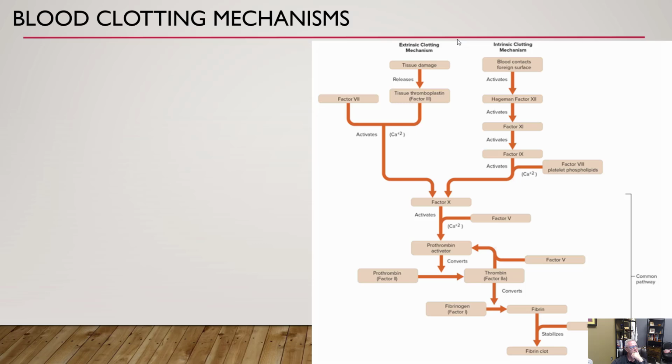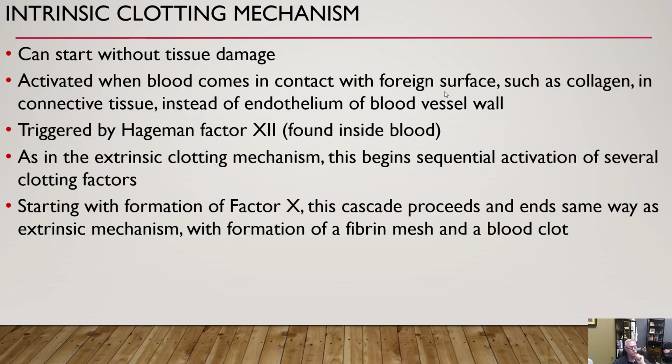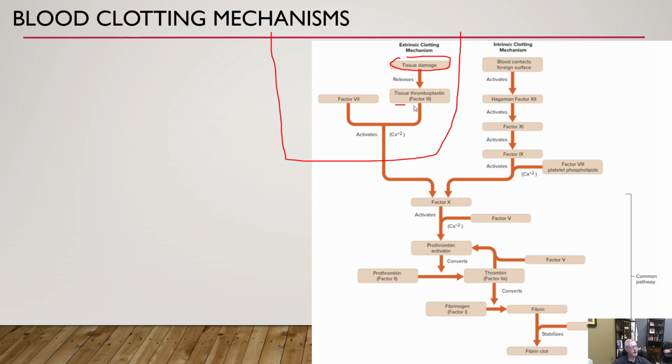So here is the extrinsic side. Here we're going to have some sort of tissue damage. Remember our first step, if we go back up here in the extrinsic: damaged tissue releases tissue thromboplastin, or factor 3. So factor 3 is being released, and then factor 7 comes into play. And then in the presence of calcium, we're going to form factor 10. And that's it for the extrinsic side.